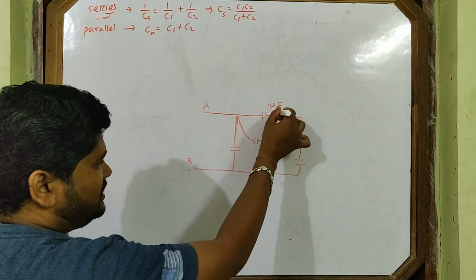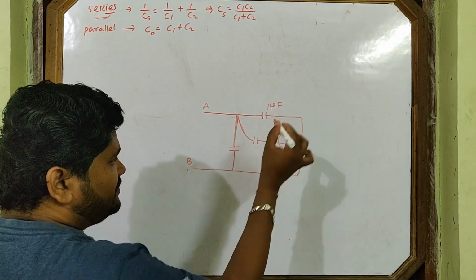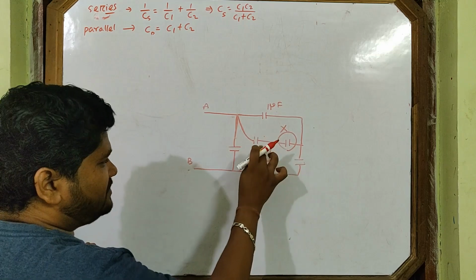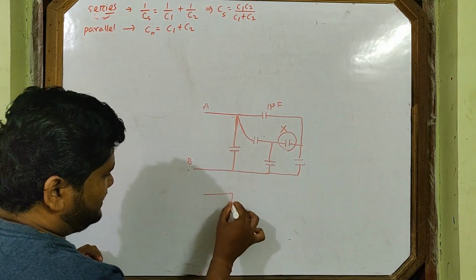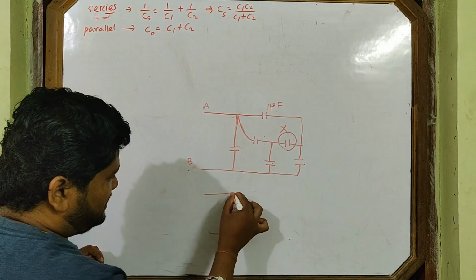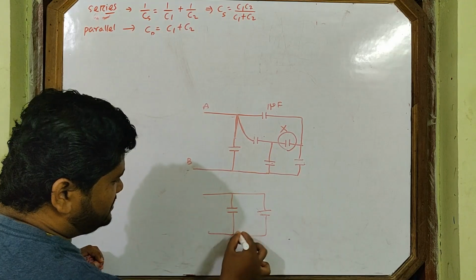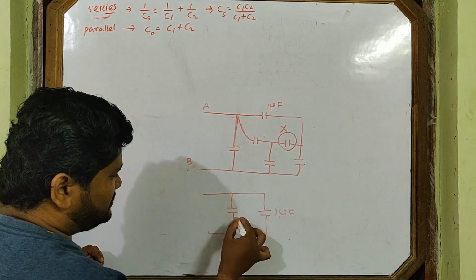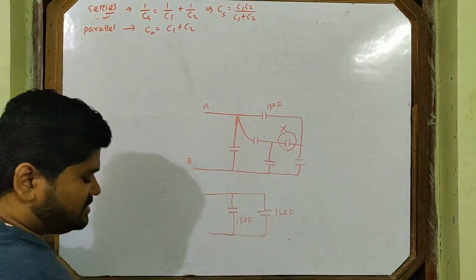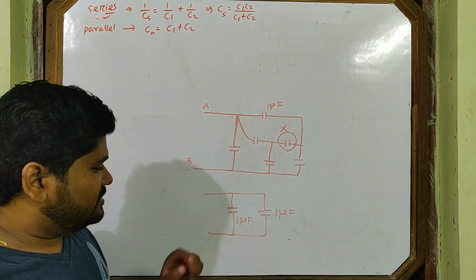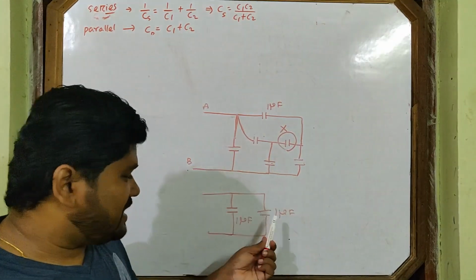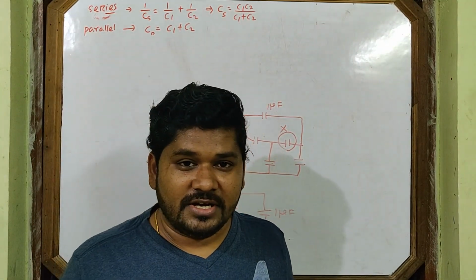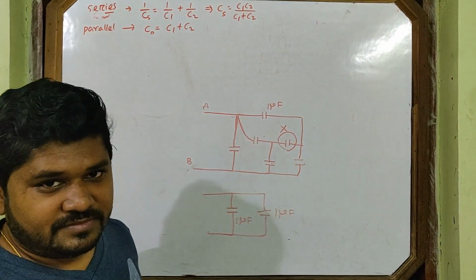Then this one will solve as 1, 1; it becomes 0.5, 1, 1, 0.5. Then 0.5, 0.5 will become 1. Then with this it is again connected in parallel. The total of the Wheatstone bridge comes to 1 and this is also 1. What is the total capacitance now? 1 plus 1, it becomes 2 microfarad, as it is a parallel connection.